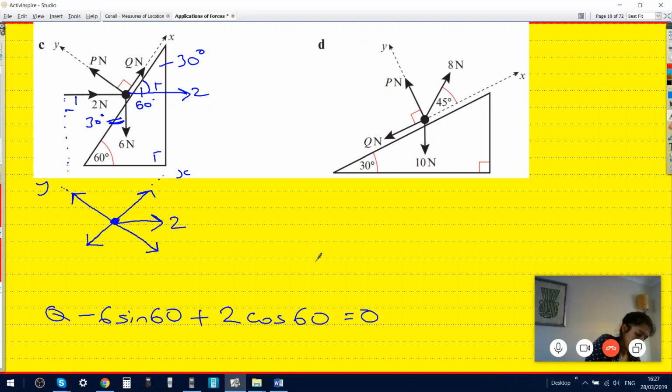So Q equals 6 sine 60 minus 2 cos 60, which we get 4.20. Yeah.